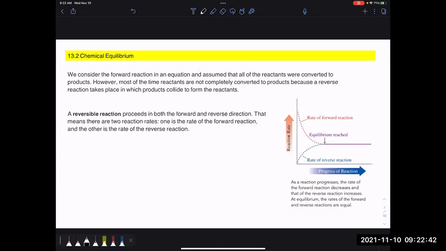So we've considered this forward reaction, but for a lot of reactions, there's a reversible reaction. So two of our atoms can collide and sort of undo the reaction that they had just done. So we have two reaction rates then. We have one reaction rate that's forming products, and we have another reaction rate that's reforming our reactants.